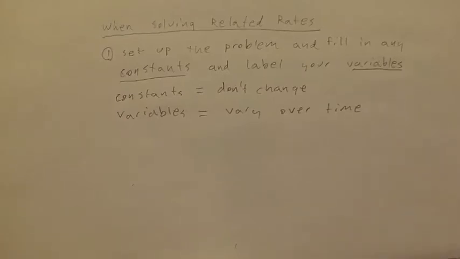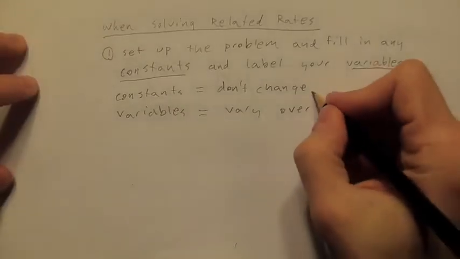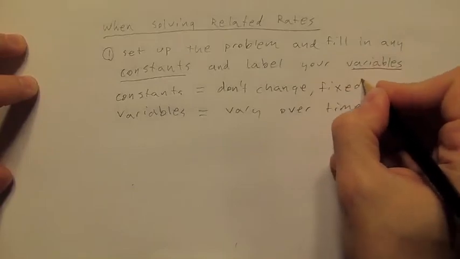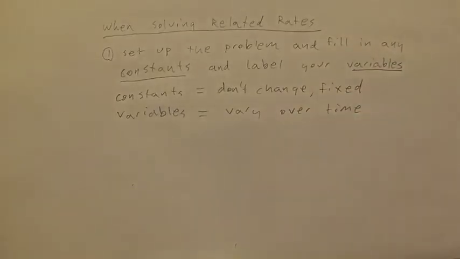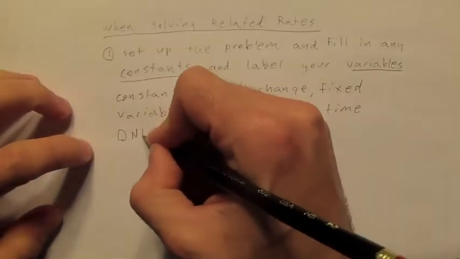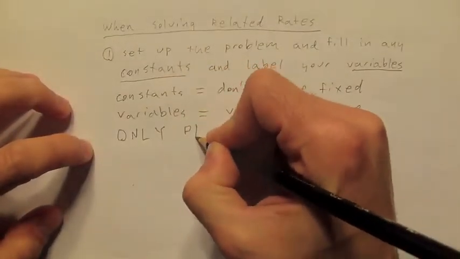Then it's going to get a variable name like x or y or w. Is it staying fixed? If so, that's a constant. You're going to fill in that number. And these are the only numbers you fill in on this step. So only plug in constants.